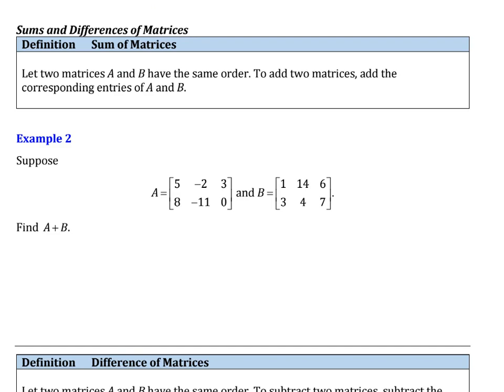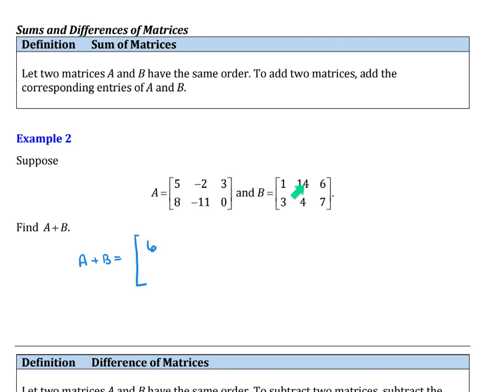So if we want to add two matrices, they have to be of the same order, and all we do is add corresponding entries. So A plus B, in example 2, we will add corresponding entries. So 5 plus 1 is 6.